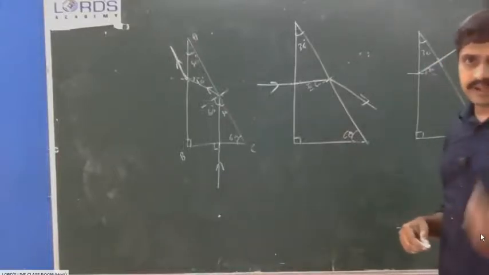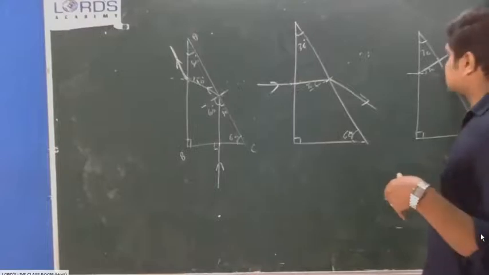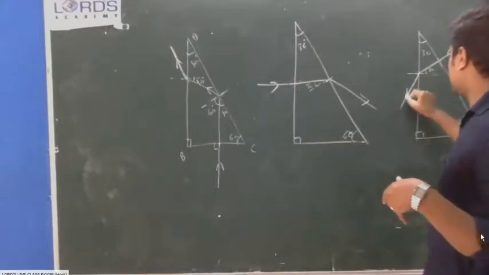Denser to rarer, it bends away from the normal. That's all.